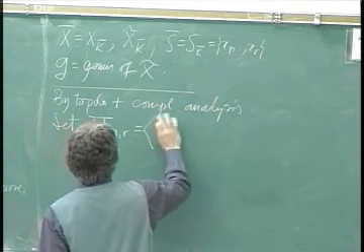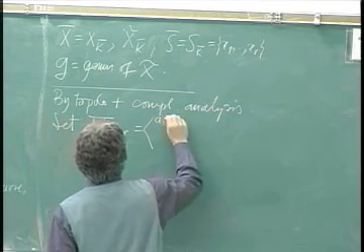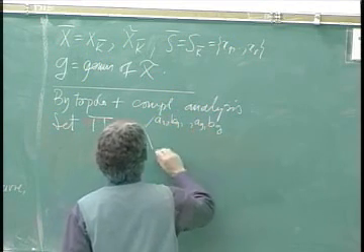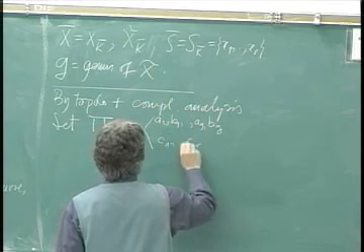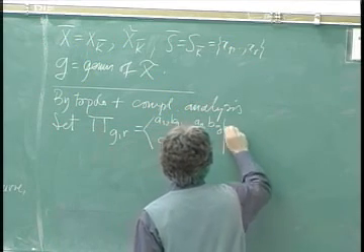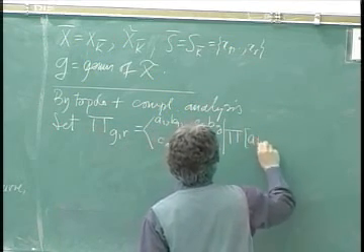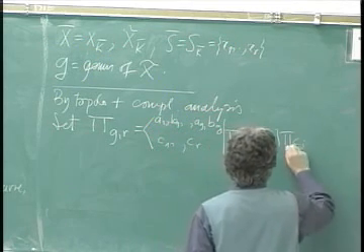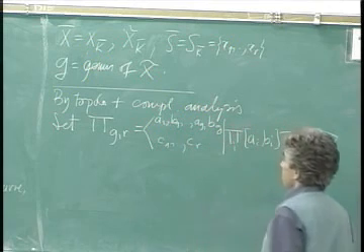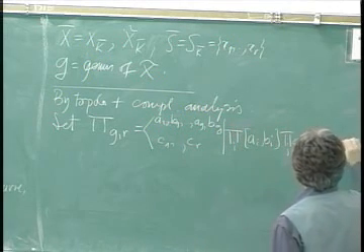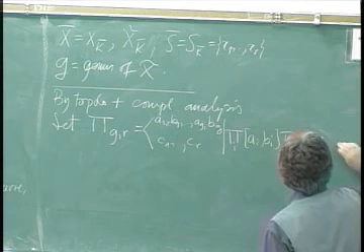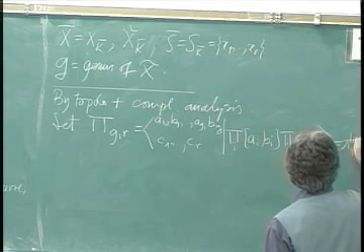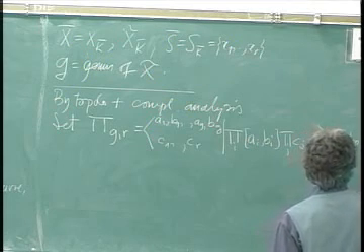This is the group generated by a_1, b_1, up to a_g, b_g, and c_1 up to c_r, with the famous relation: product of the commutators times product of the c_j equals 1. And what is this? Well, this is actually, in a canonical way, pi_1 top of X_un.